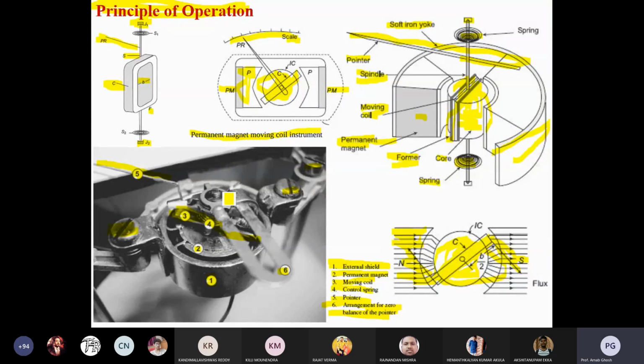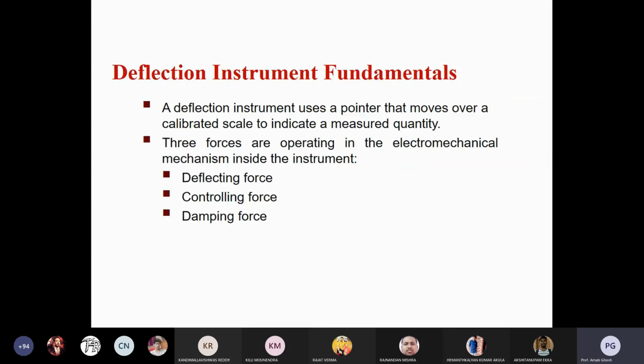I told you in my last class there are several torques associated with these instruments. What are the important torques? First one is the deflecting torque. Deflecting torque means your pointer is deflecting. Basically the pointer is deflecting due to current passing through your coil. That is the main reason for the deflecting torque or deflecting force, TD. The next one is the controlling force.